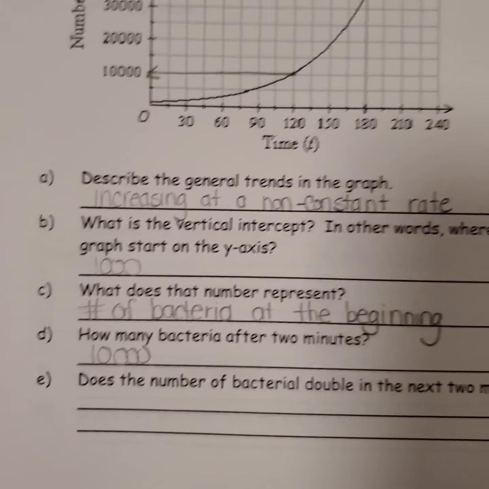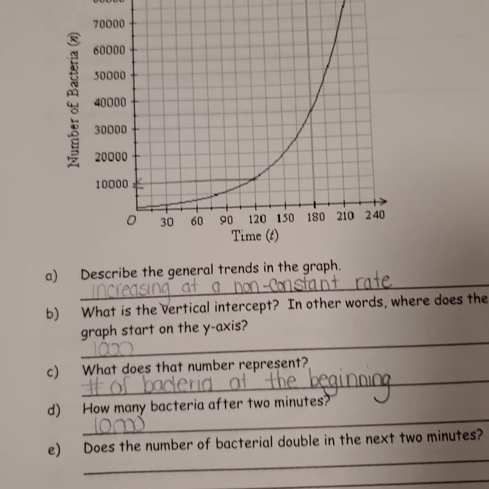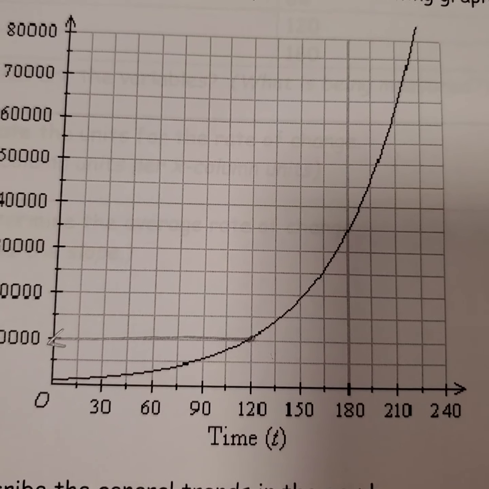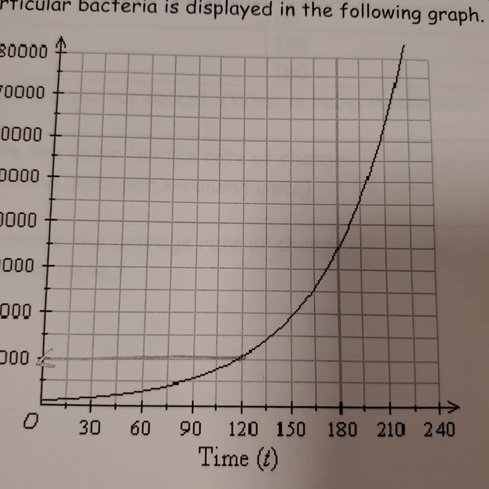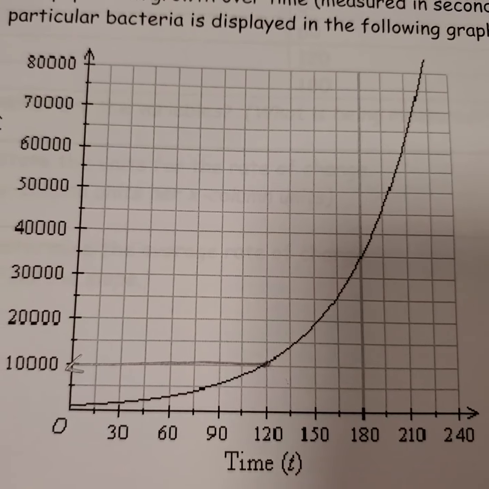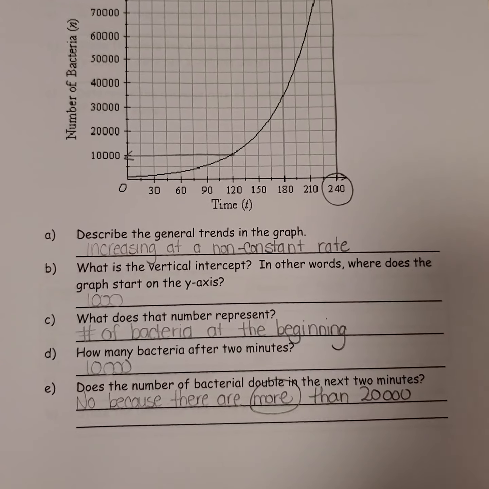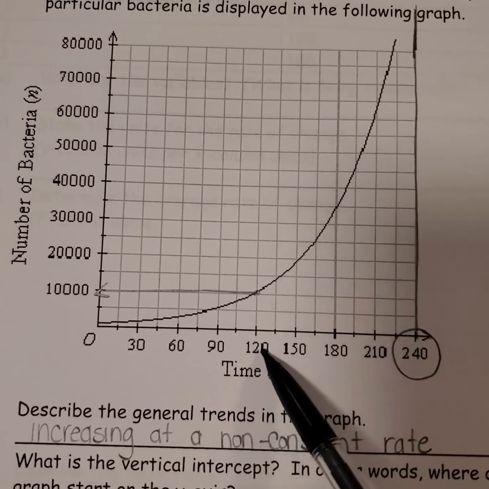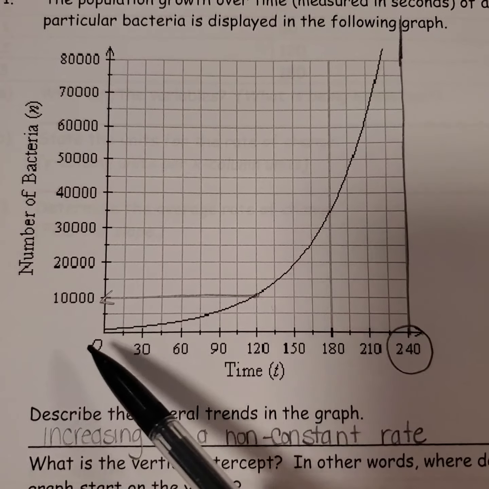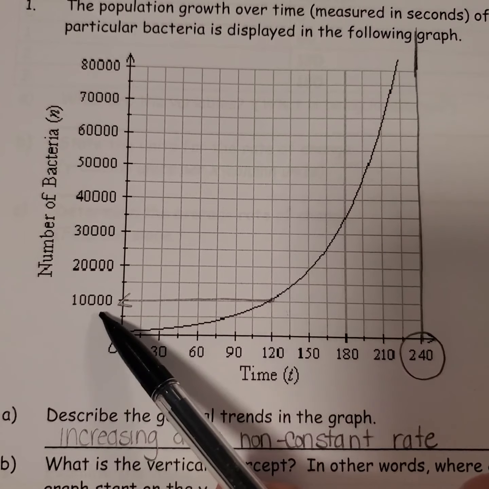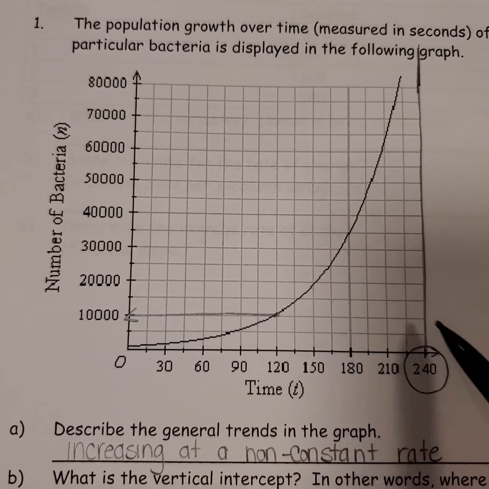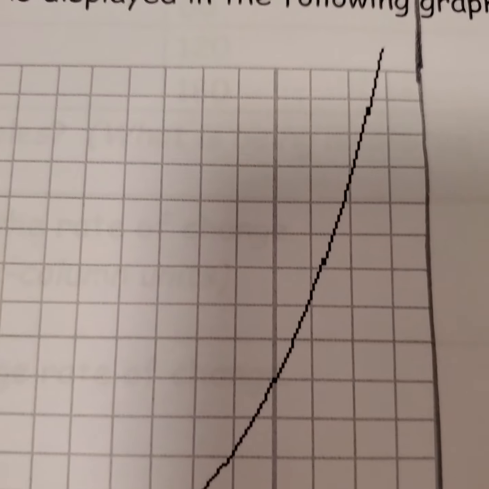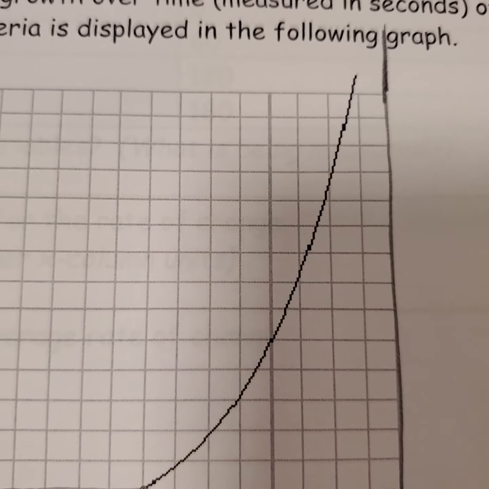Okay, and finally, does the number of bacteria double in the next 2 minutes? Okay. So I want you to try to answer that. Yes or no, and explain why. Okay, and so to answer that question, if at the 2-minute mark or 120 seconds, we only had 10,000 units of bacteria, the next 2-minute mark, which would be 240 seconds, you'll notice there's so much bacteria, it can't be recorded on the chart.